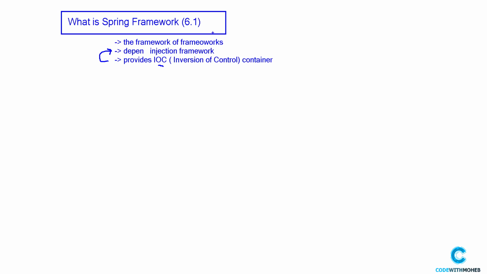This framework was developed by Rod Johnson in 2003, if I'm not mistaken about the spelling. Before Spring Framework, we had another framework in the market called Struts. There are also other Java-based frameworks in use today, like Play.